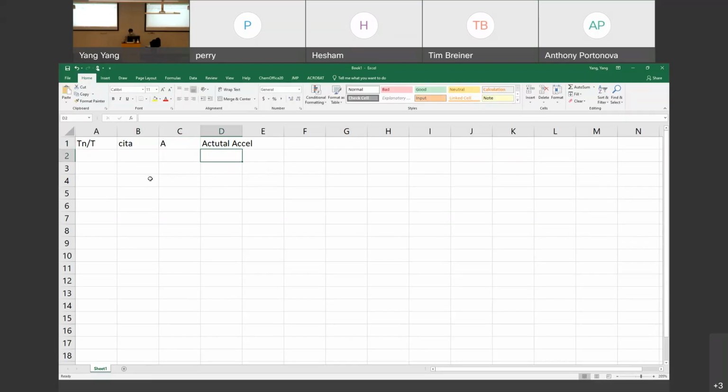So here we just normalize the UG0. We just normalize UG0, so we divide the UG0 on both sides, so that we only need to consider the normalized example. We have the T over Tn.